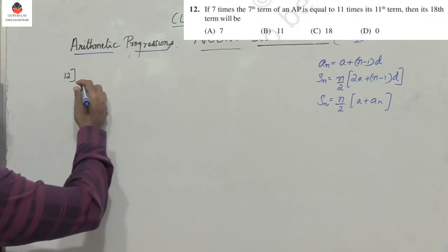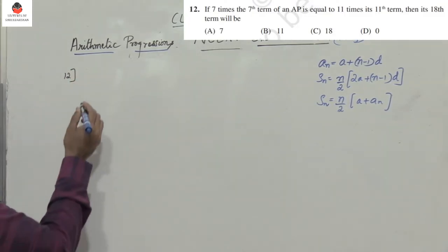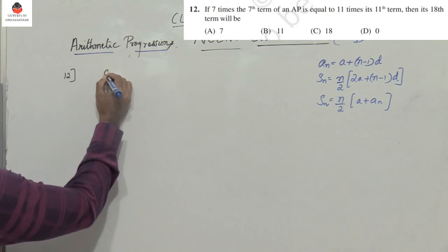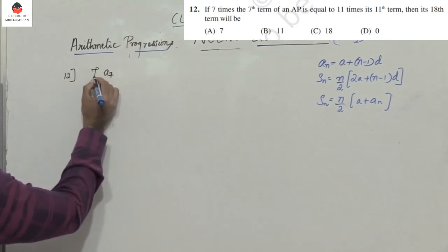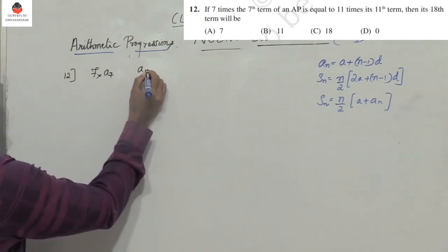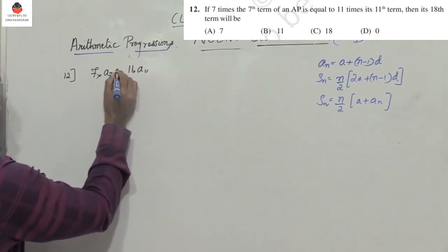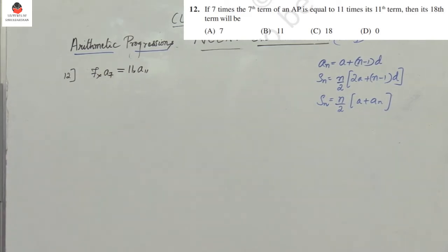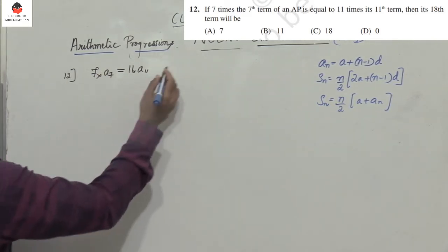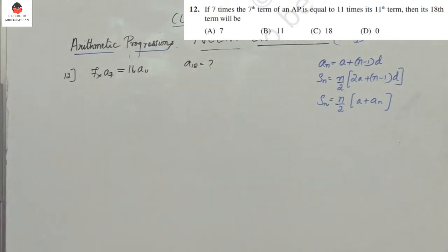Question 12 is an interesting one. 7 times the 7th term of an AP is equal to 11 times its 11th term. So 7 into A7 is equal to 11 into A11. Then I need to find the 18th term, A18.